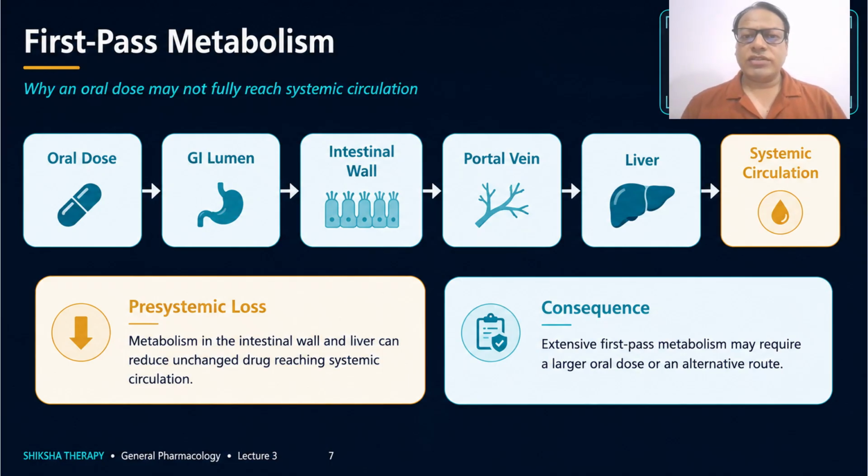Before reaching systemic circulation, it passes through the intestinal wall and liver. During this process, a portion of the drug may be metabolized. As a result, less unchanged drug reaches systemic circulation. This is called the first pass effect or first pass metabolism. If a drug undergoes extensive first pass metabolism, it may require a higher oral dose or an alternative route of drug administration.